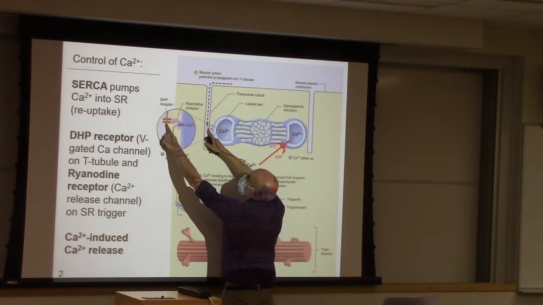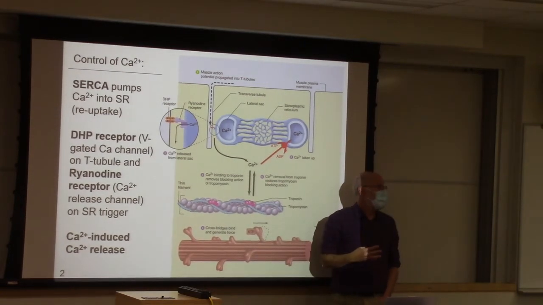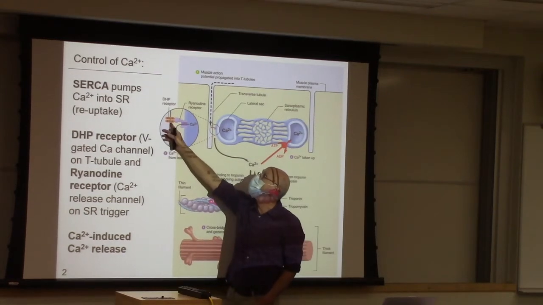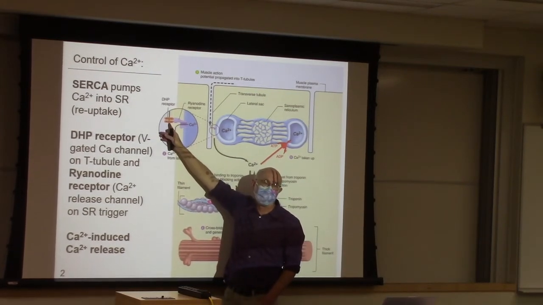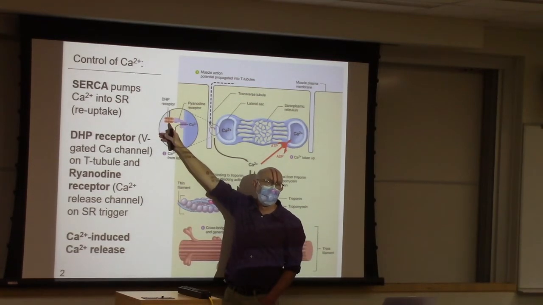This is a protein. It senses the depolarization. Your textbook calls it the DHP receptor. I call it the voltage sensor. It's also called a calcium channel, and you'll see why in a minute.